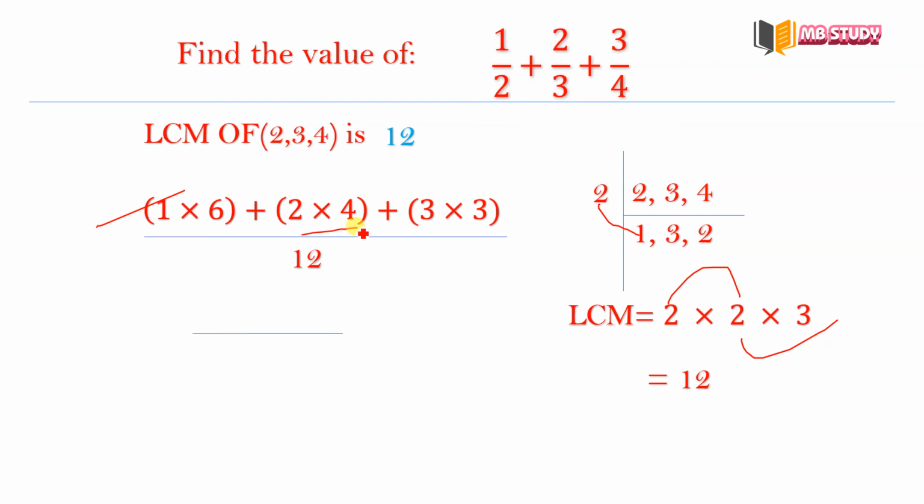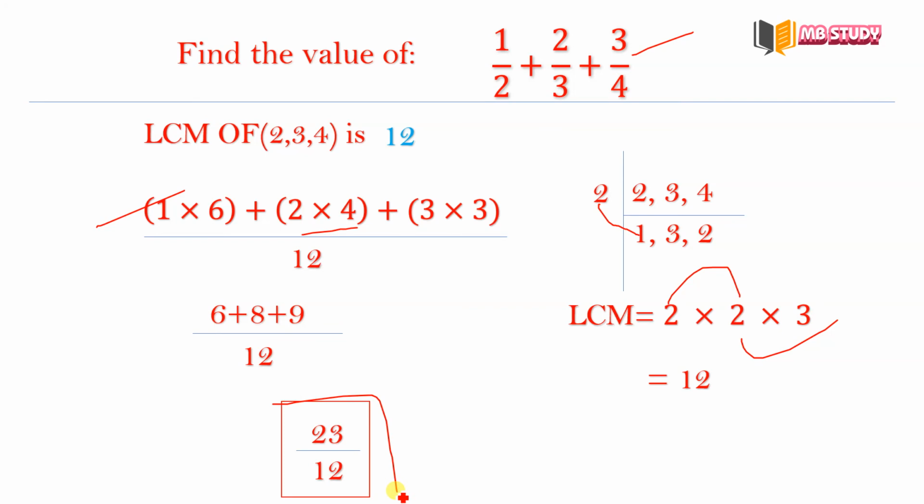And 12 by 4 is 3, so 3 into 3. Now 1 into 6 is 6, 2 into 4 is 8, plus 3 into 3 is 9. 6 plus 8 plus 9 is 23 by 12. 23 by 12 is the answer.